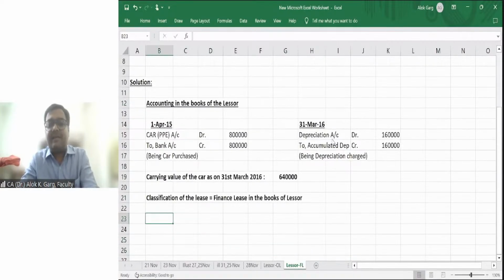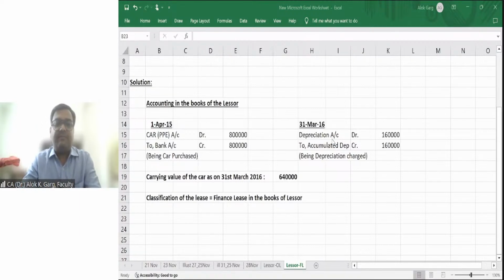Now, what are the steps for finance lease accounting? So friends, finance lease accounting is step number 1. Lessor has to de-recognize the asset and lessor has to recognize the finance lease receivable on the basis of present value of future lease payment plus unguaranteed residual value.